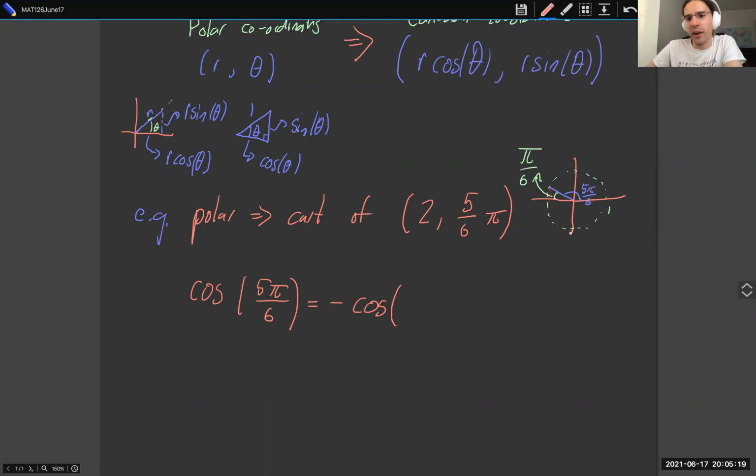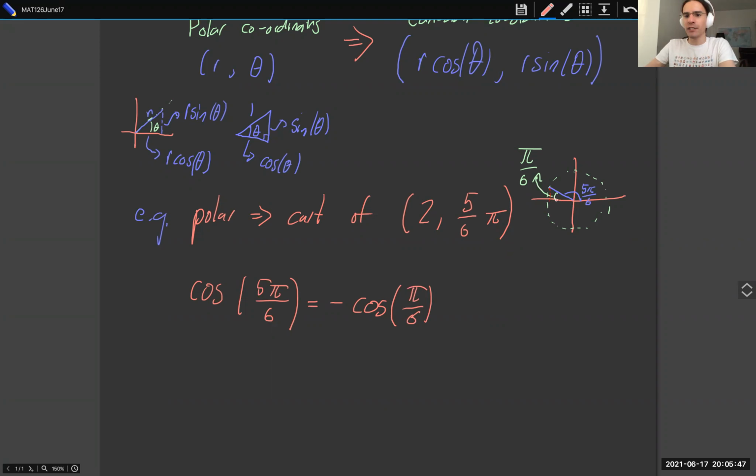So looking at this diagram, pi over 6? And the reason that I'm doing this is because we're not familiar with the angle 5 pi over 6. But if we look at it geometrically, then we can see that it's just negative the cosine of pi over 6.